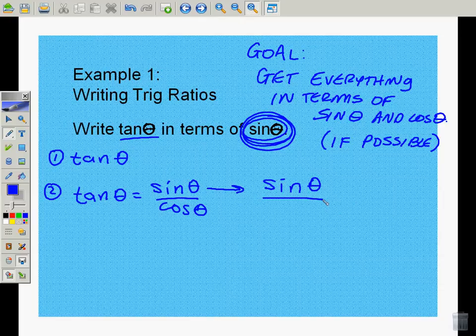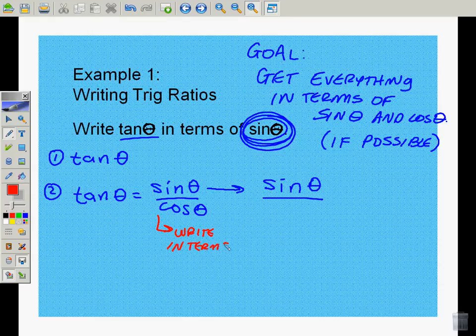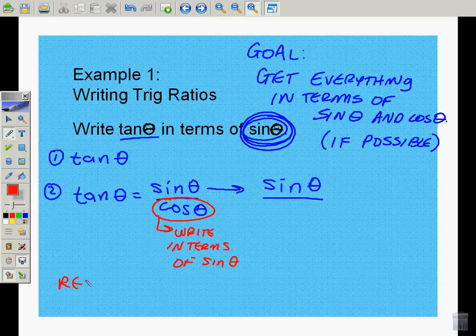Now, the bottom part, I need to write this in terms of sine. My goal is to write this in terms of sine because I've already written the top in terms of sine. So what I need to do is recall an identity, an identity that takes cosine and says it's equal to this, which only has sine in it.